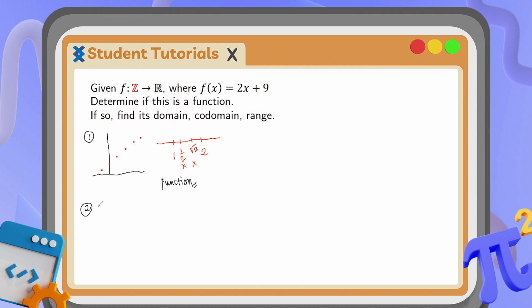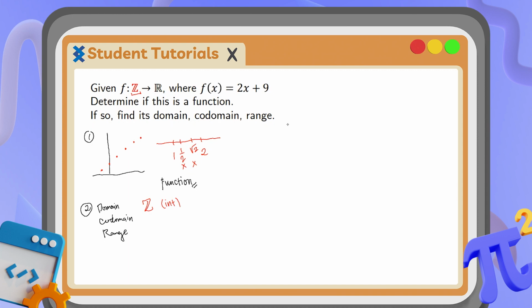And if it is, we need to find the domain, codomain, and range. So let's first start with the domain. Our domain here is Z, which is all integers.